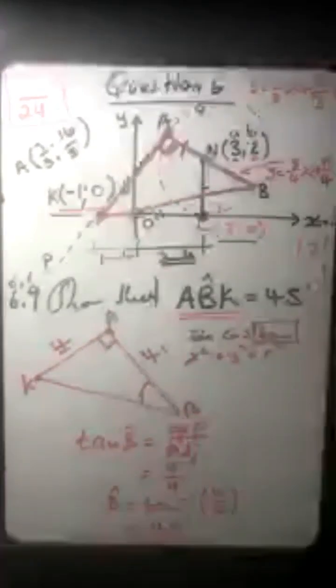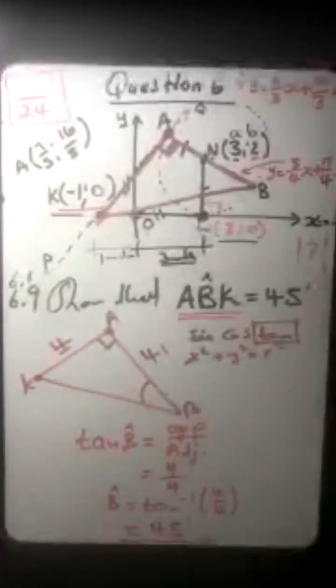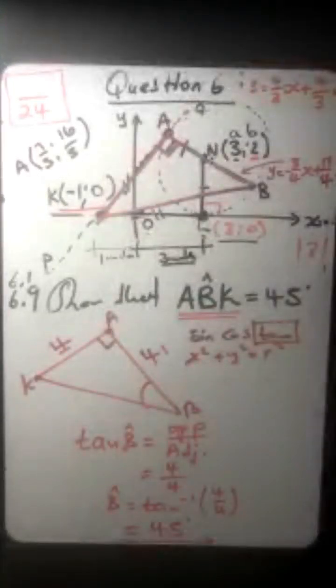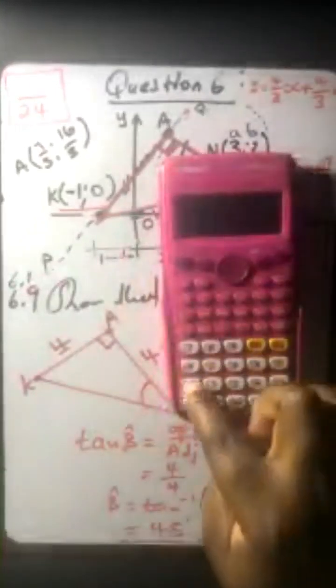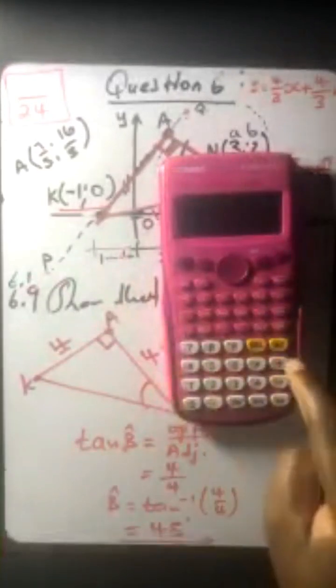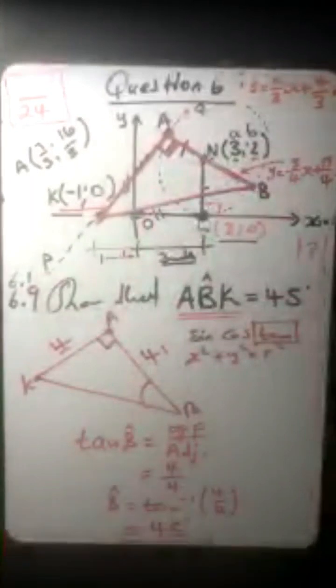Is it not 45? Does it give 45, or is it a different angle? Let's see, maybe I got hammered there. Inverse tan of 1. Yes, it's 45. It's 45, guys.